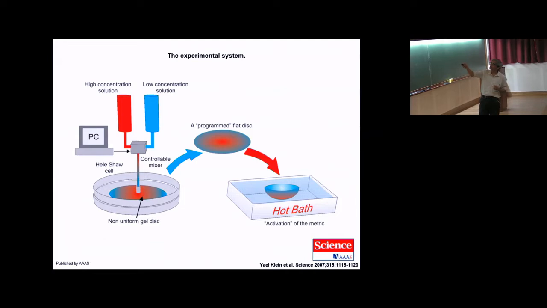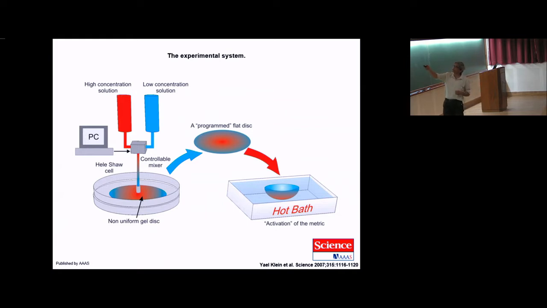So this is how it was designed. What they did is they actually made a flat structure with a polymer. And the way they made it is by mixing two monomers. If you mix them, within a minute they polymerize and form a structure which is flat.